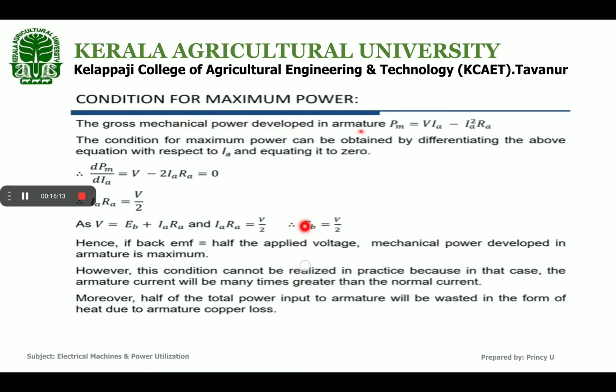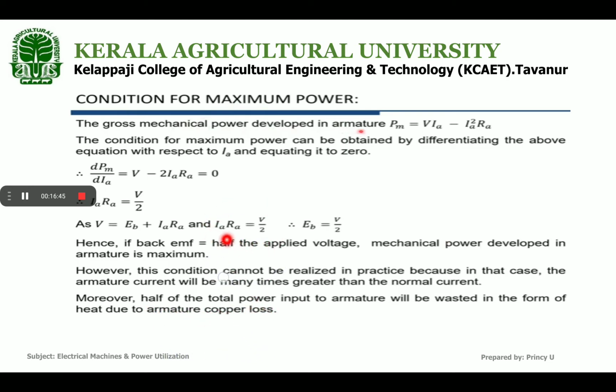We know that if Eb reduces, that is, if it is only half of the supply voltage, then the armature current will increase. When Eb reduces, from our equation, V minus Eb by Ra, that will increase and more armature current will be drawn by the machine, so it will produce a higher current. That is not possible. And moreover, half of the total power input to the armature will be wasted in the form of heat due to armature copper loss.